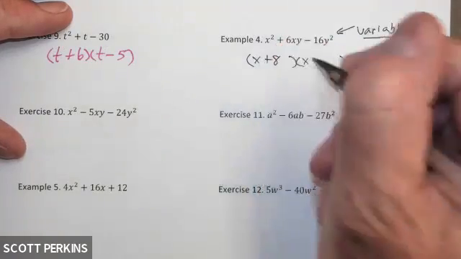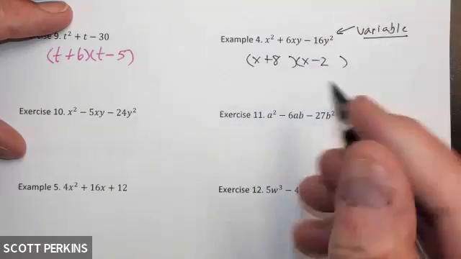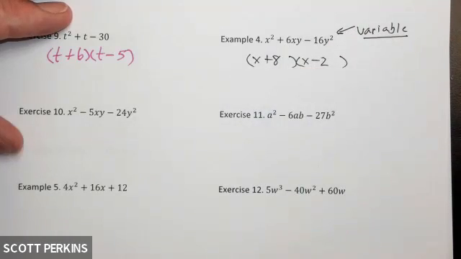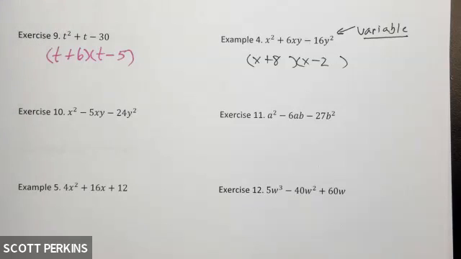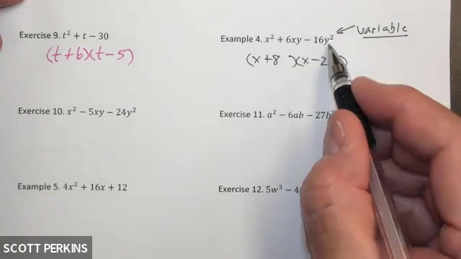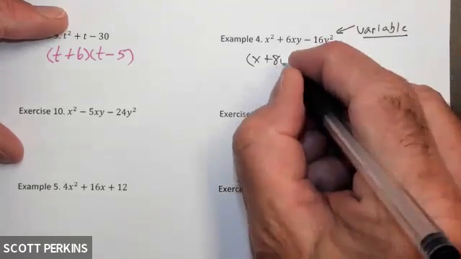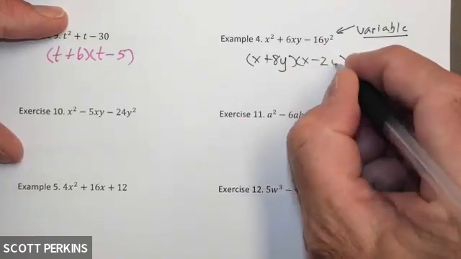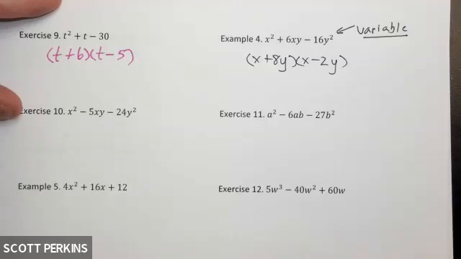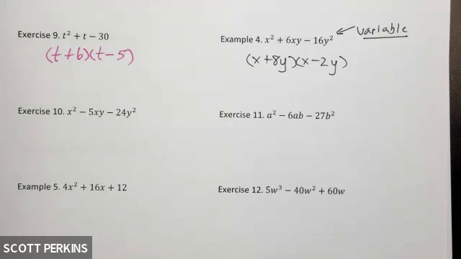The 8 gets to be positive because we need a positive 6 at the end. And then here's the very last thing. Since I've got a y squared there, the way I'm going to deal with that is I'm going to put a y after one term and a y after the other. So I've got positive 8y and negative 2y. That's the only added detail there.